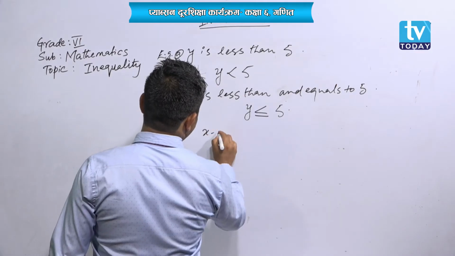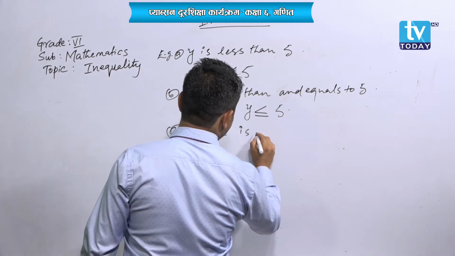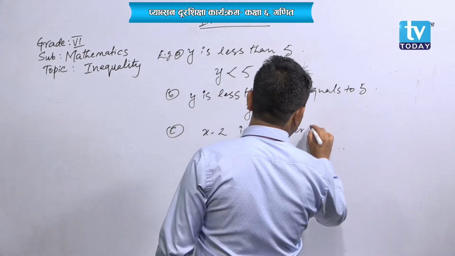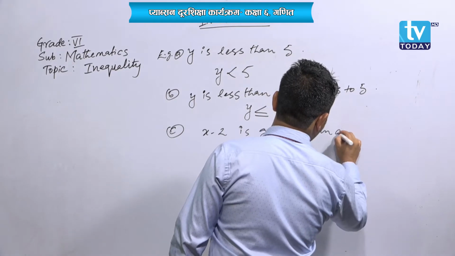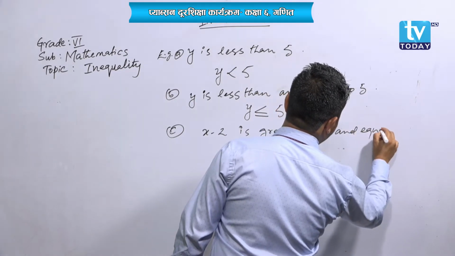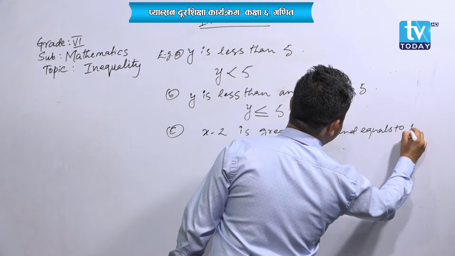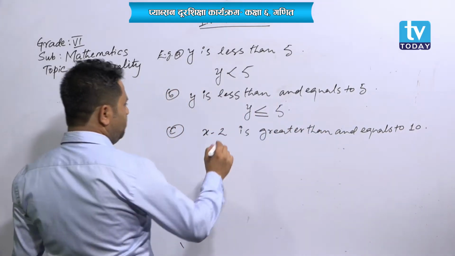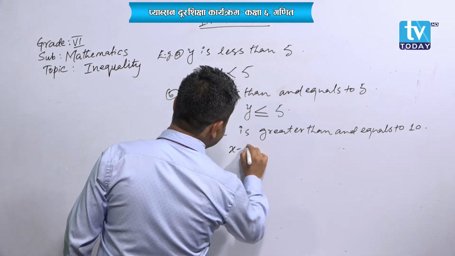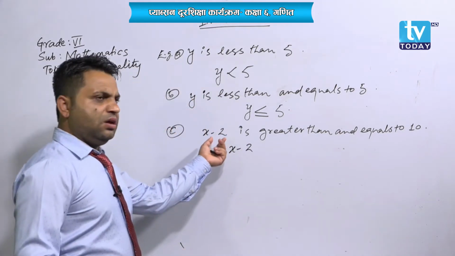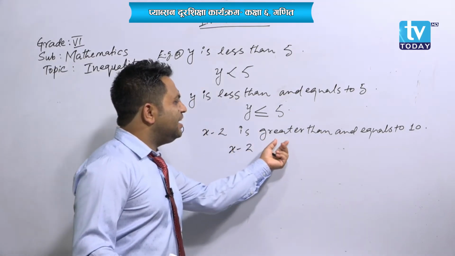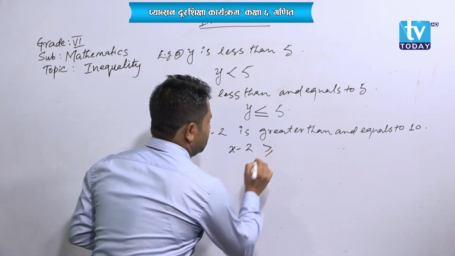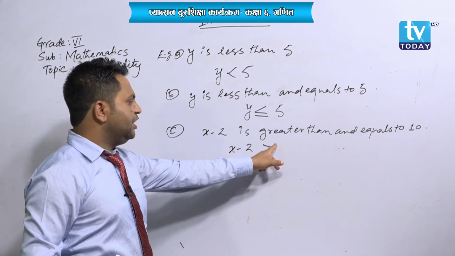Similarly, x minus 2 is greater than and equals to, suppose 10. Then how to write? Please see here, x minus 2 is greater than and equals to, that means this is the symbol of greater than equals to.